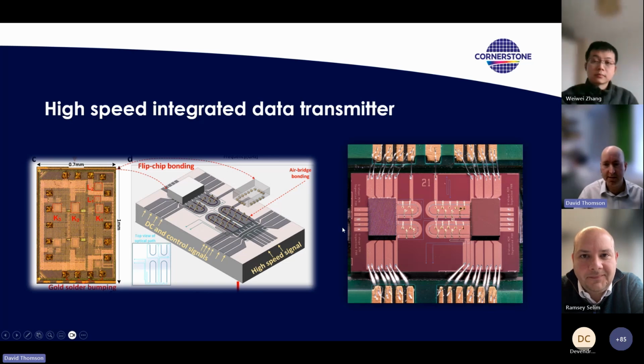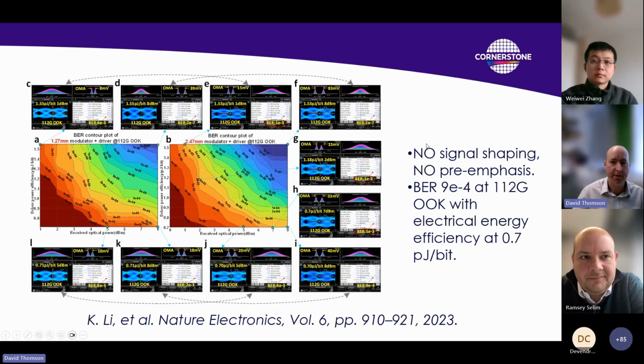This specific example is for producing PAM4 modulation. We have 2 data inputs for the most significant bit and the least significant bit, and they combine to create a 4-level modulation format. But we've also done on-off keying versions where we have a single segment in each arm of the Mach-Zehnder interferometer.